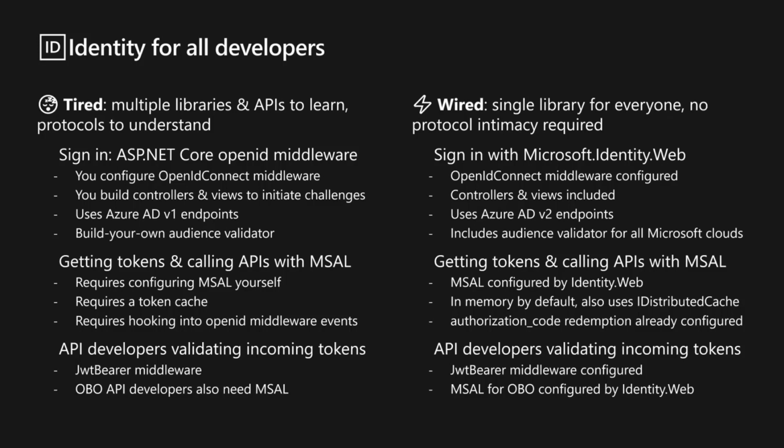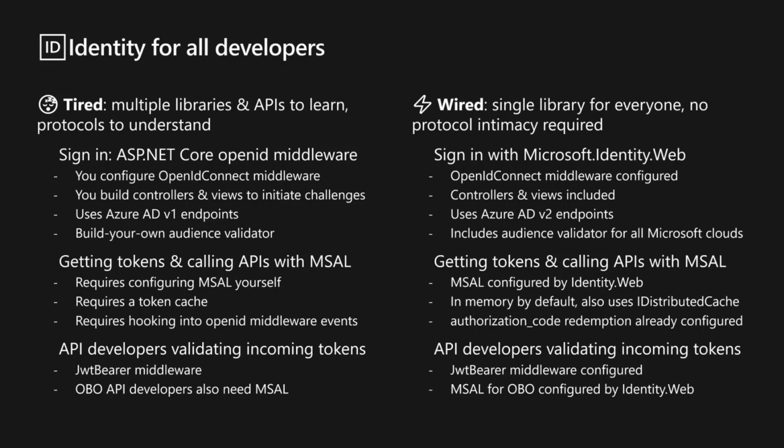We had the JWT bearer middleware for Web API and ASP.NET, but if you needed a token to call another service, which is of course fairly common, now you also had to go and configure MSAL on your own. So the Identity.Web library aims to essentially abstract all that away.